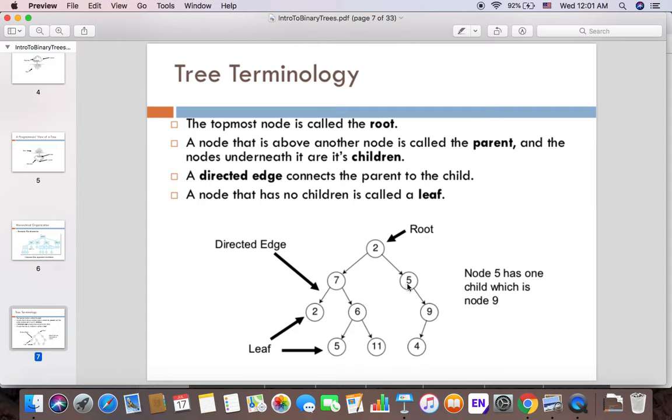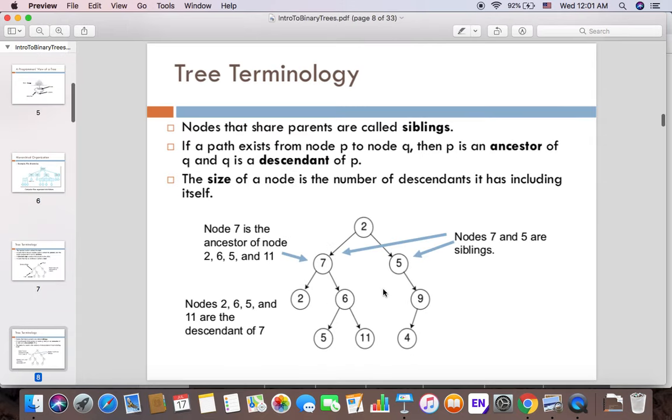Node 5 is a parent node to node 9, and node 7 is a parent node to 2 and 6. Other terminology we use in tree data structures is the ancestor. Node 7 here is an ancestor to nodes 2, 6, 5 and 11, as the topmost node or parent node to those other nodes underneath it. And also we have the term sibling, which means nodes that are on the same level.